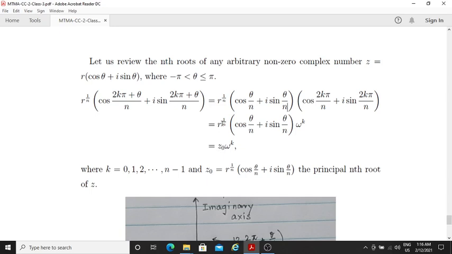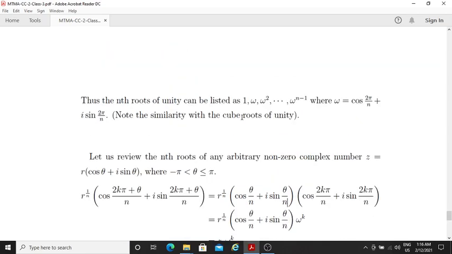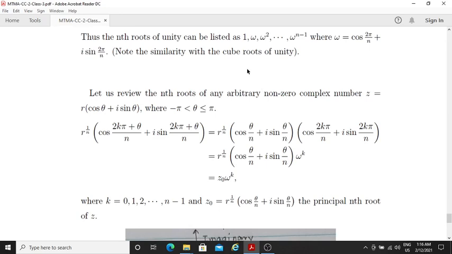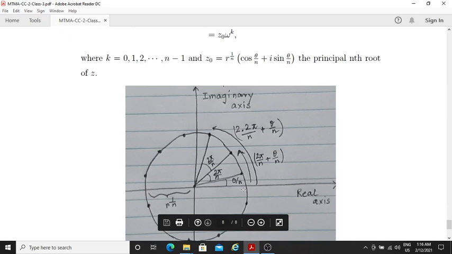If you start with r(cos θ + i sin θ), you just have to write down r to the power 1/n (cos θ/n + i sin θ/n), and to this complex number you keep on multiplying the roots of unity. If you multiply 1 with this, you get back the principal root. If you multiply ω to this, you get the first rotation.